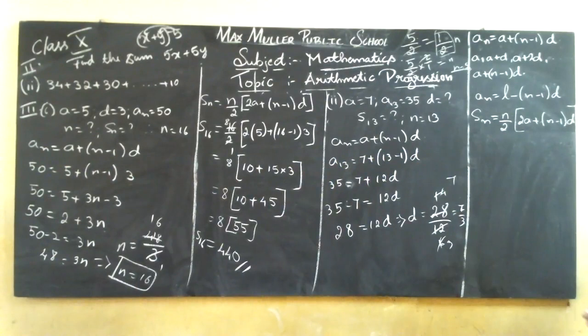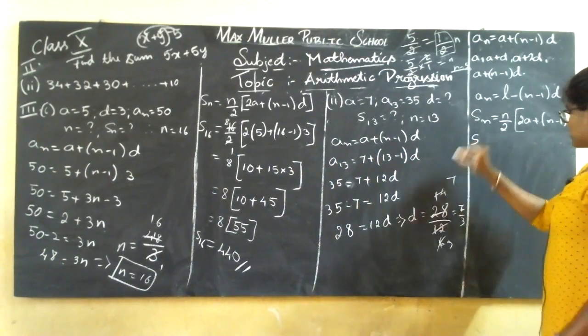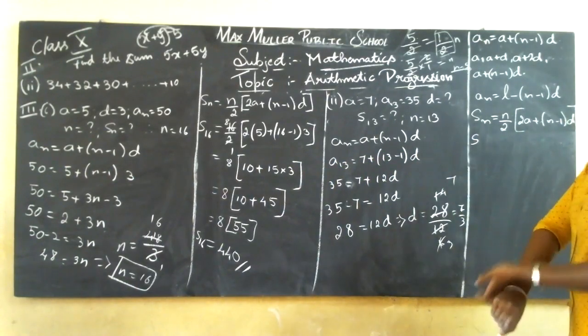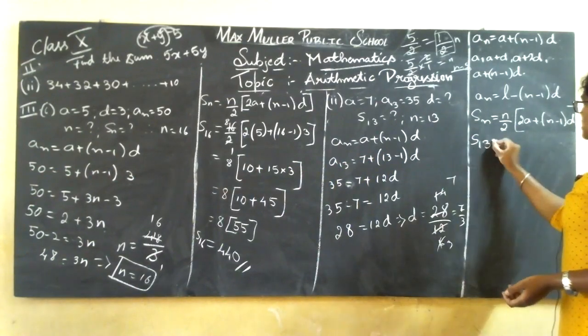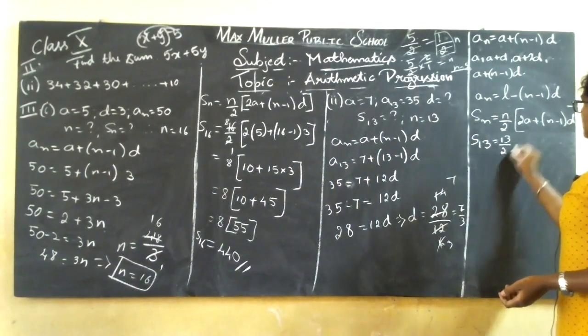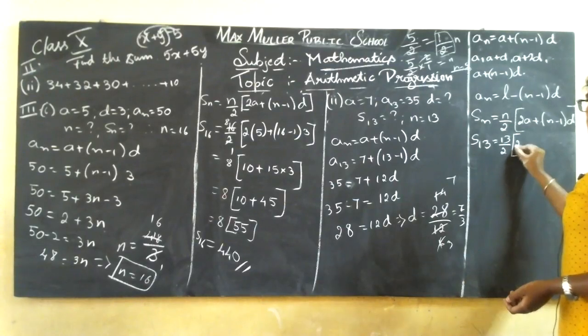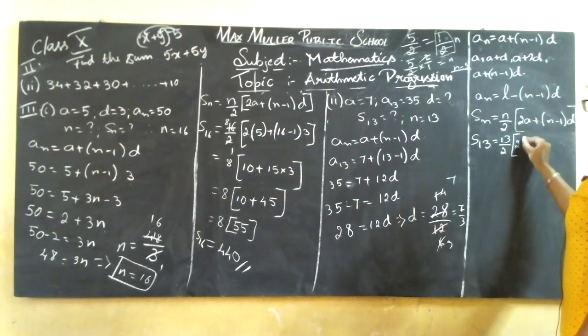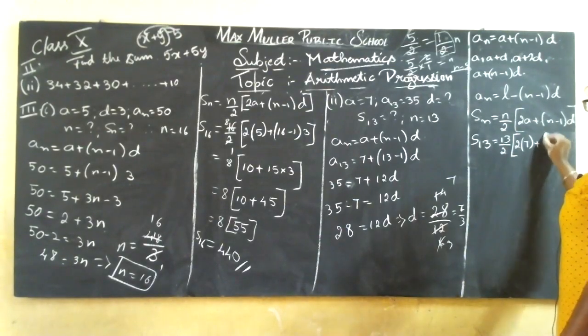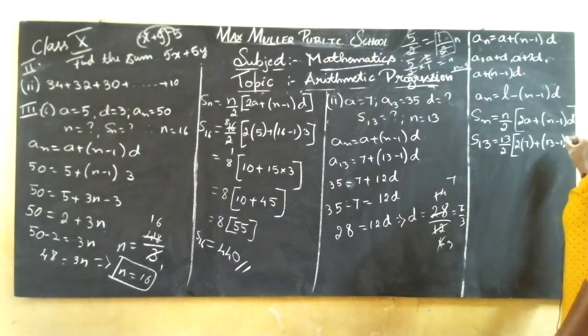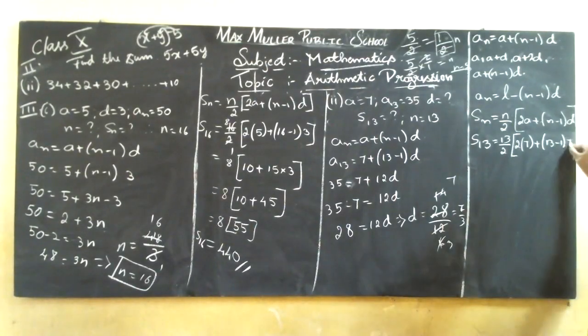So if I substitute, what is the thing you get? What is the N value? N value is how much, children? S13 is equal to 13 by 2 into what is the value of A? A is 7, and D is 7 by 3.